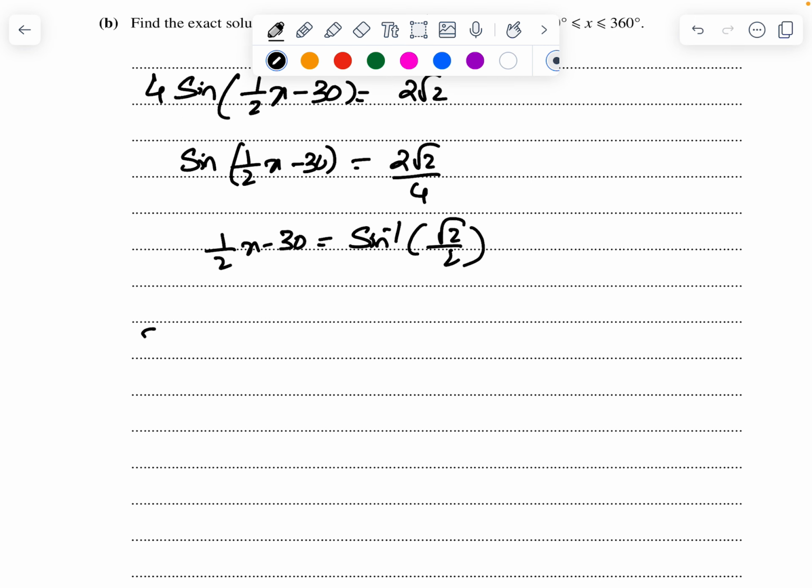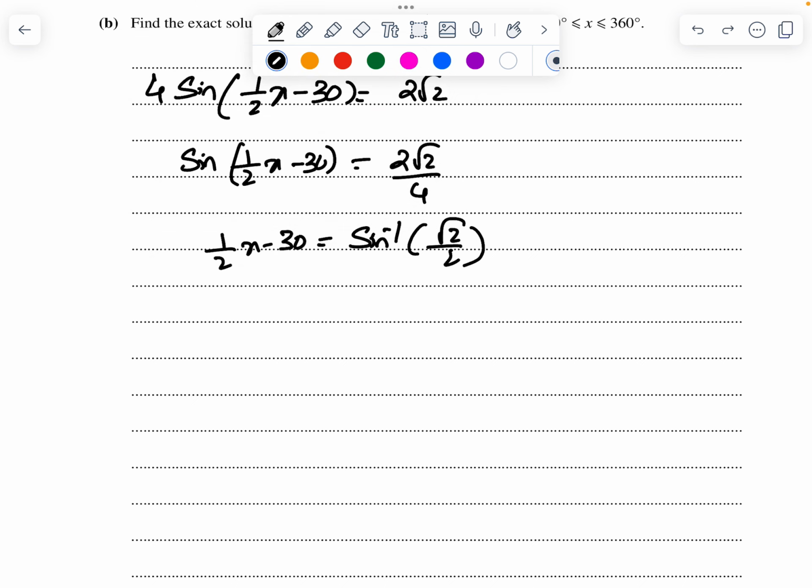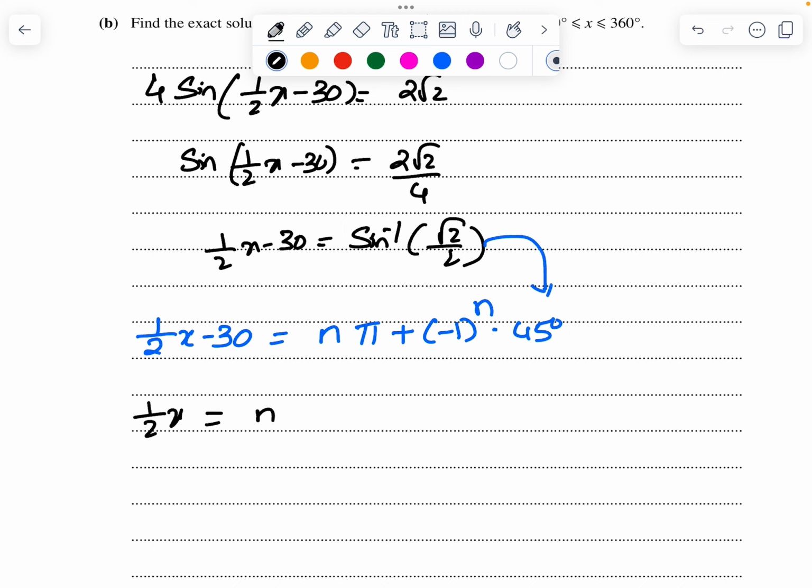So I will be getting half x minus 30 equals n pi, that is 180 degrees, plus (minus 1) to the power of n times this angle, 45 degrees. So half x equals n times 180 plus (minus 1) to the power of n times 45 plus 30.